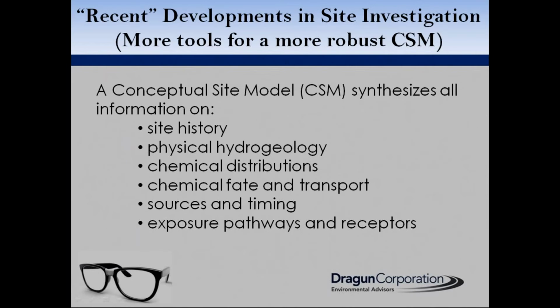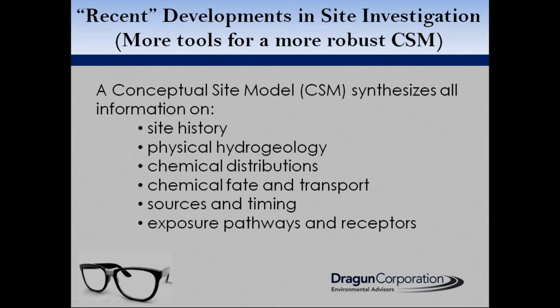So Mike talked a little bit about the conceptual site model, and really the conceptual site model brings together all the data that you can get your hands on, starting from development of the history of a property, what chemicals were used, how long it operated, what the history of spills is, those types of issues.